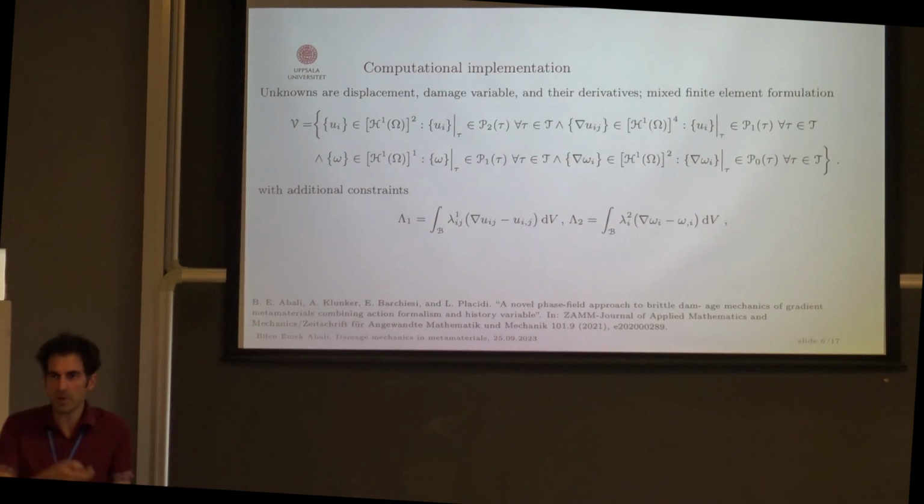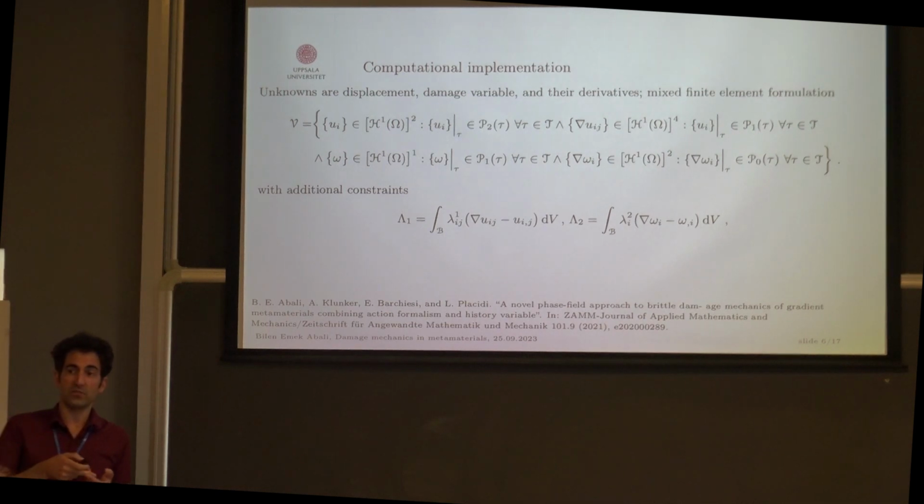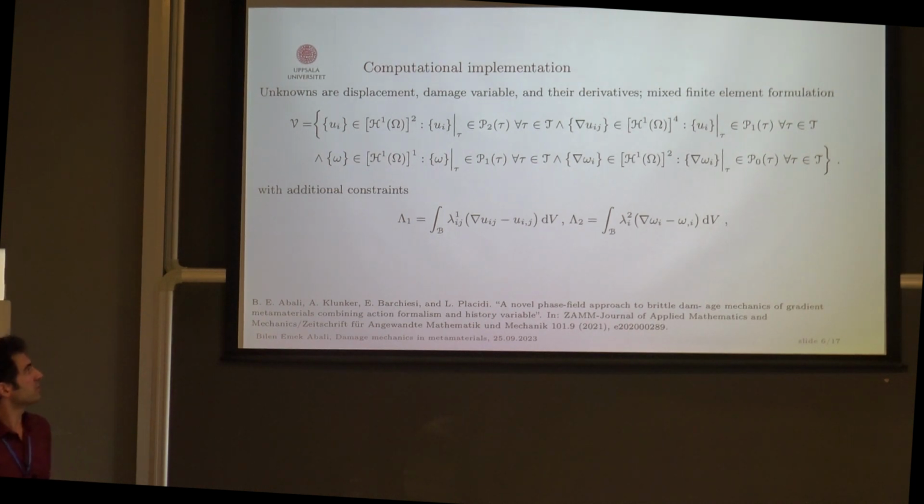So how do we implement something like that? In order to be able to solve the equations, I need to know that it has to be C1 continuous, because we have not only the first derivative but also the second derivative of displacement. In order to assure the C1 continuity, I'm using a mixed finite element formulation.